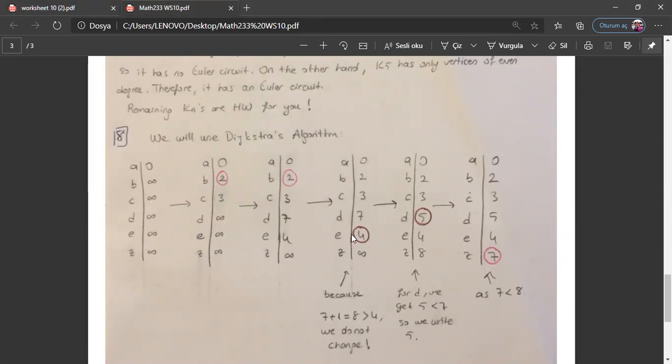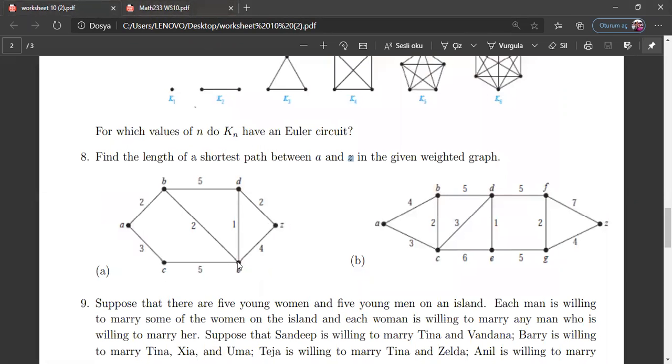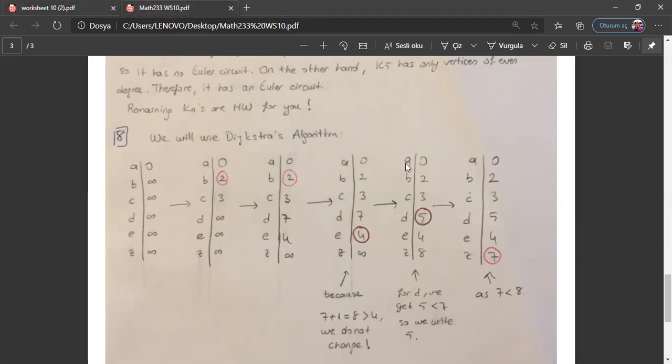Now you see the least one is 4. Let's look at that. From E, there are 2 connected points, D and Z. We had 4 for E, and now we add 1 if we go to D, so we have 5. 5 is less than 7, so we write 5.